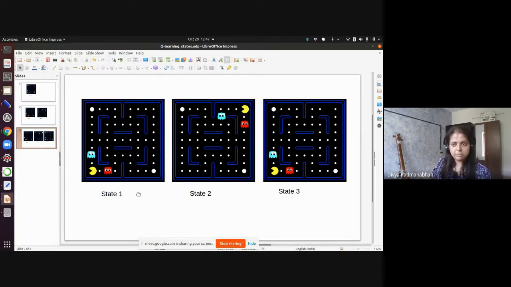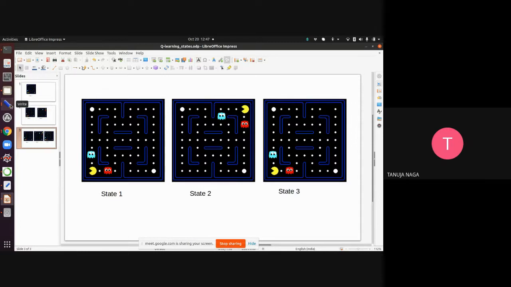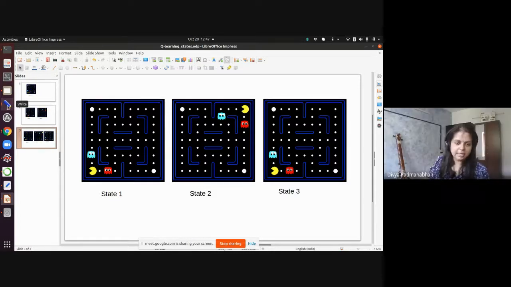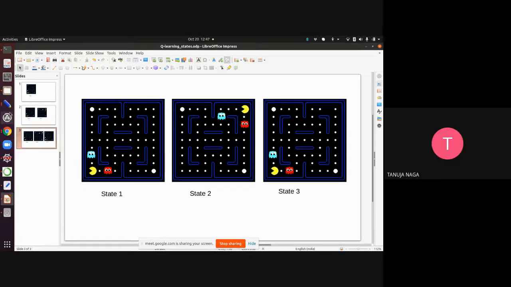It is computable using the state for sure, but it may not explicitly be part of the state information. Tanuja, is it clear? Yes, ma'am. So basically, we can extract the features from the given state. Yes, exactly. Okay, ma'am.